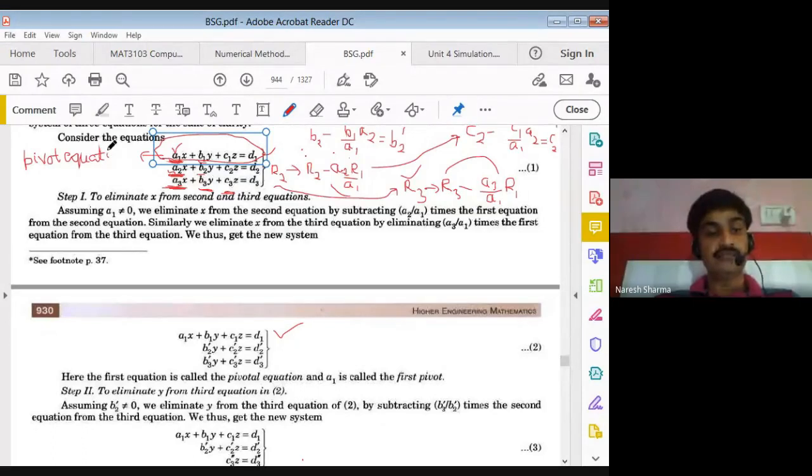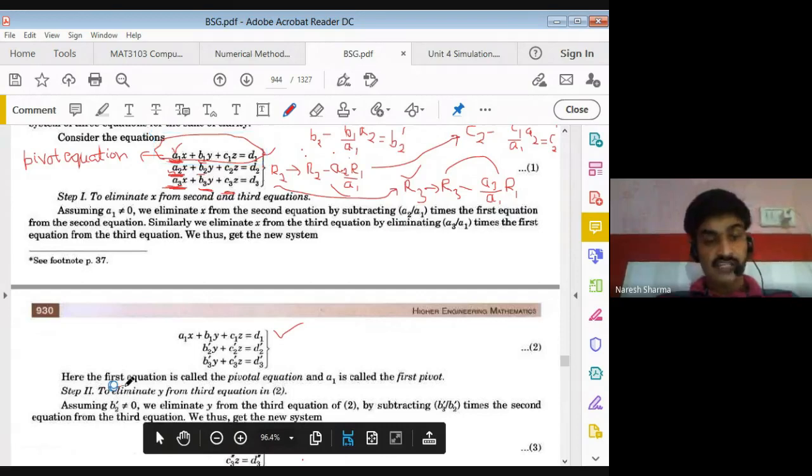Here the first element, that is the a11 position, that is a1 in this, is called the pivot element. So the first equation is called the pivot equation. Our first element is called the pivot element, or you can say the first pivot only.